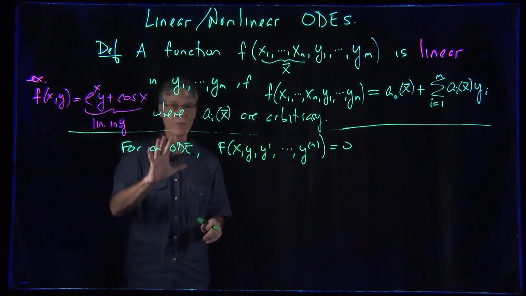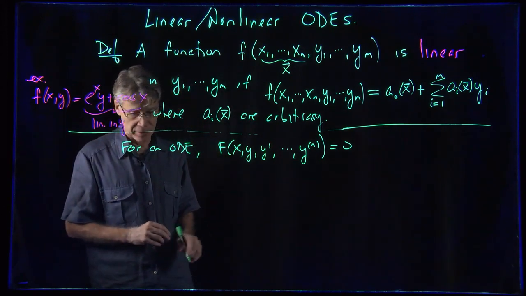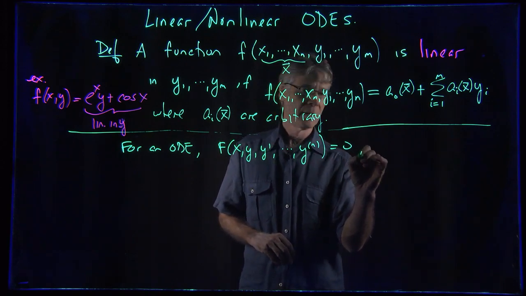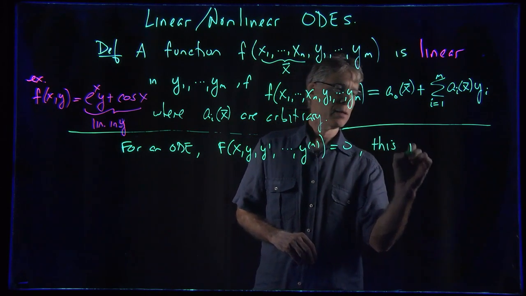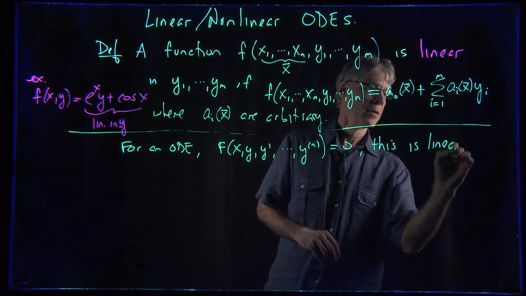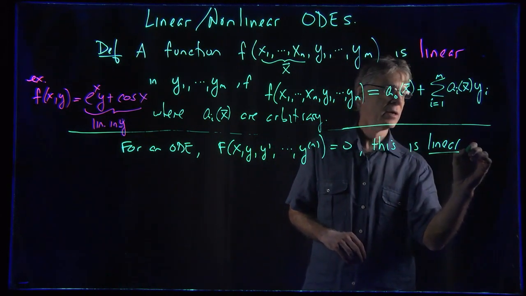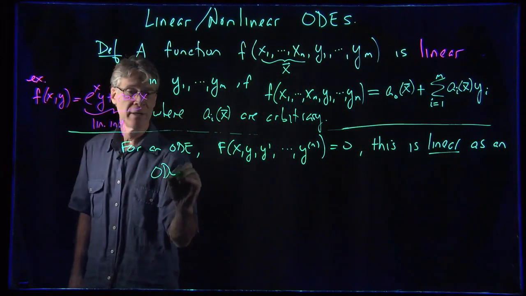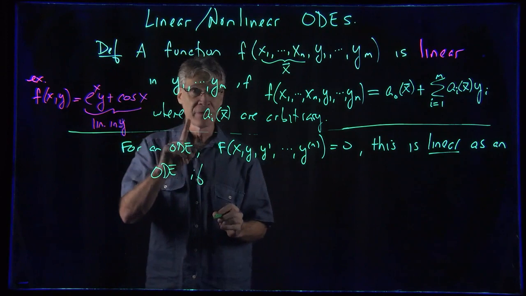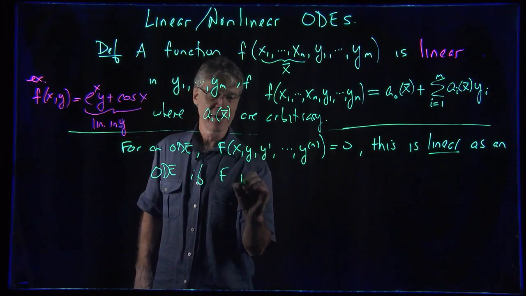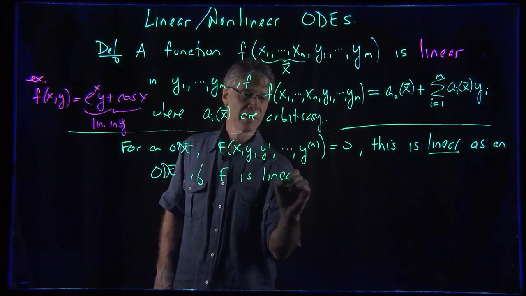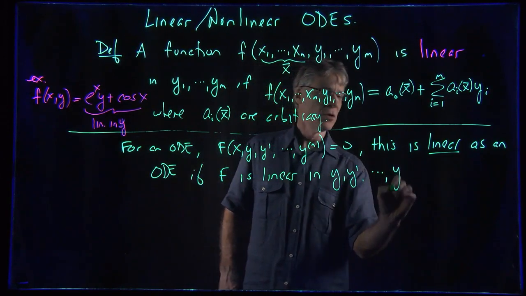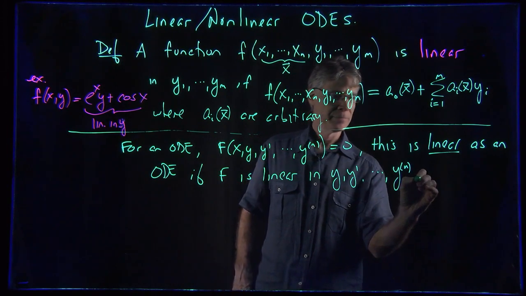Now for a generic nth order differential equation in its general form, this is linear as an ordinary differential equation if the following is true, if f is linear in y, y prime, all the way up to y^(n).